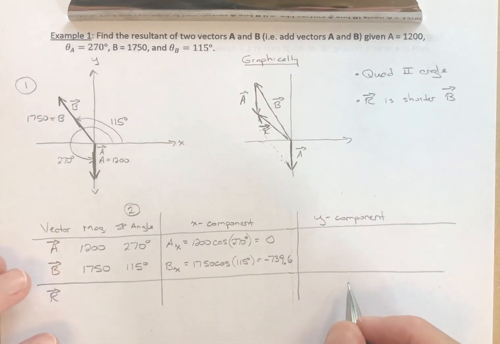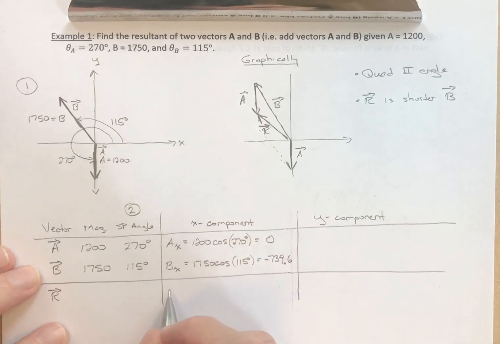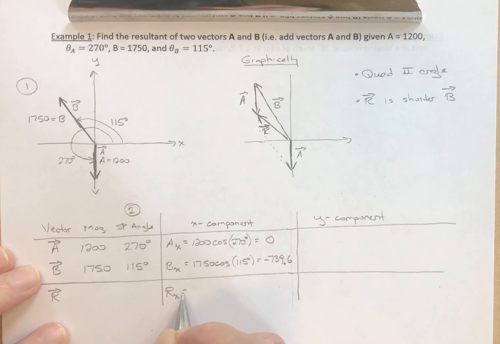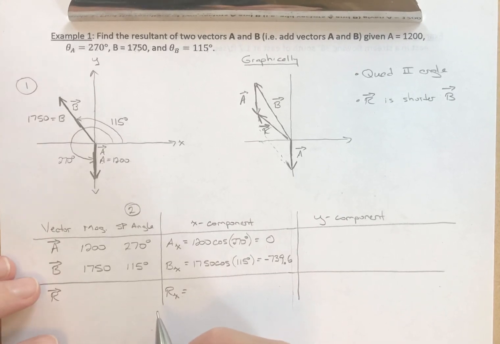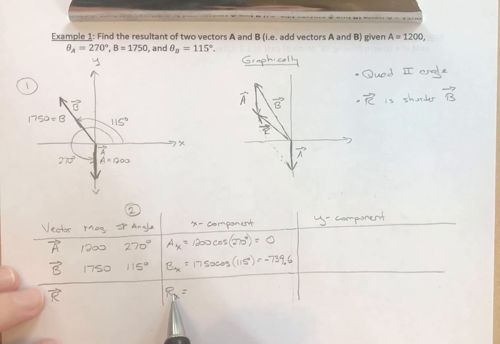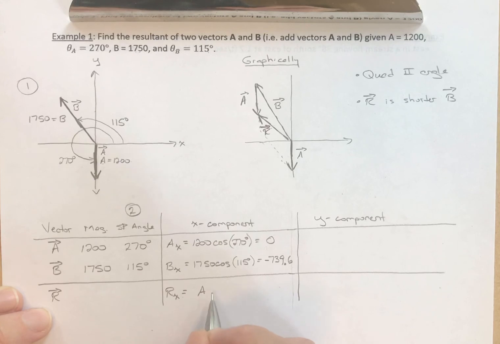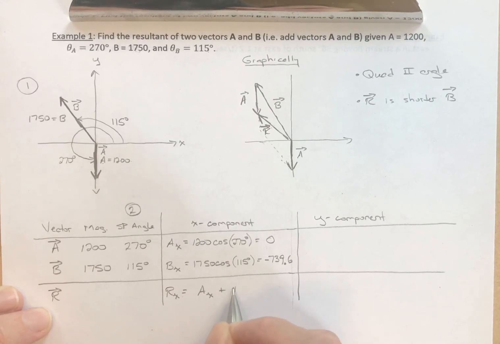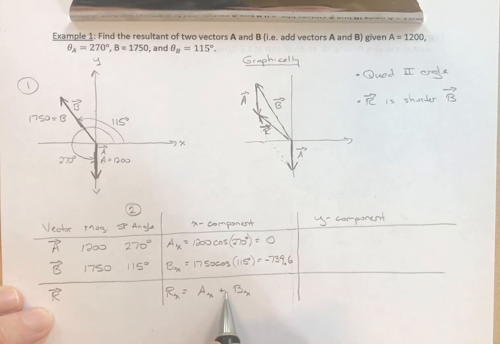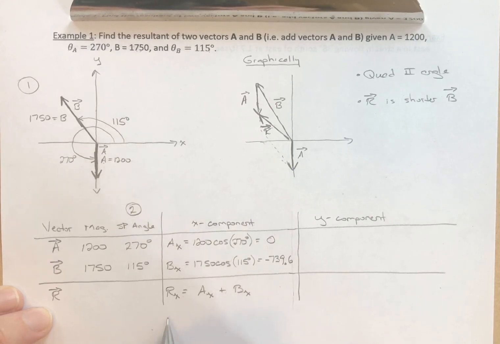Okay, so we now know we can add these two up to get the magnitude of the x component of the resultant vector. So this is a sub x plus b sub x, the x component of A plus the x component of B. And we can substitute.